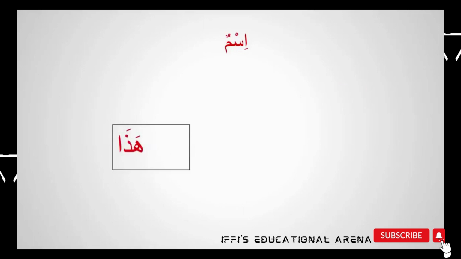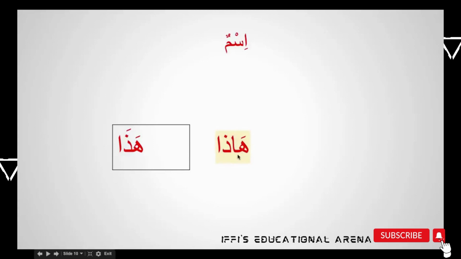We'll be beginning with HADHA. So if you see here, how do we write and how do we pronounce? We write it as HADHA. You see, it's a short sound, it's not a long sound, but we pronounce this as HADHA. The reason is that originally this alif was part of HADHA.